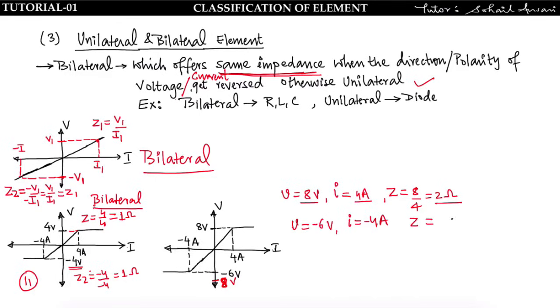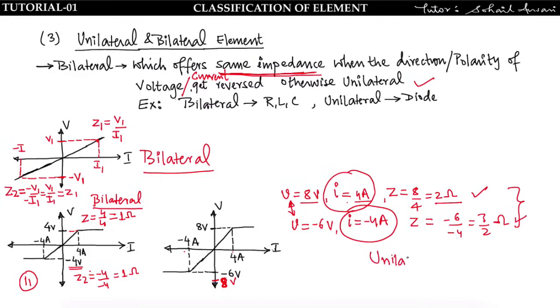In this case impedance is minus 6 by minus 4, that is equal to 3 by 2 ohm. Here I am getting different impedance when the polarity of current gets reversed. Got it? The voltage is not the same, means they are offering different impedance. So this is unilateral.